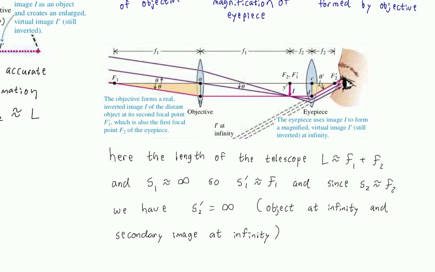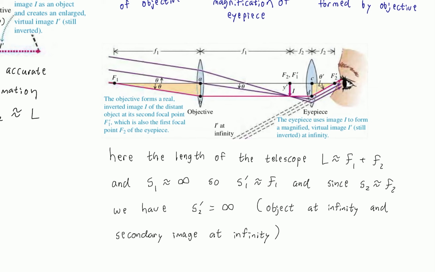So we have rays coming in, forming an image at the location of both focal points. It's forming an image at the focal point of the objective, and then we just line up the eyepiece so its much shorter focal point lies right on top of that same point where the image was formed.